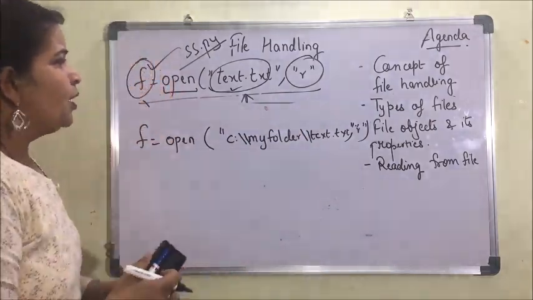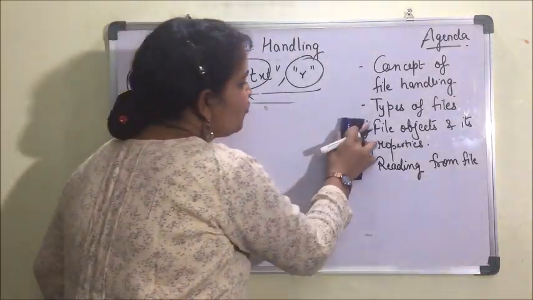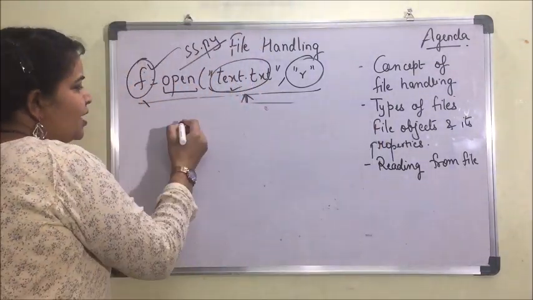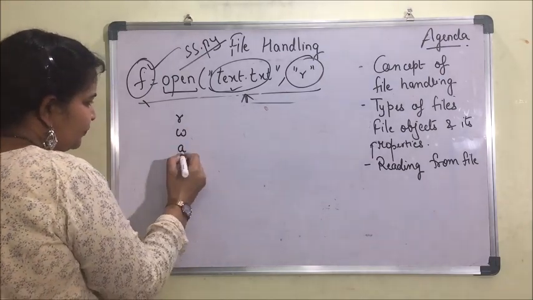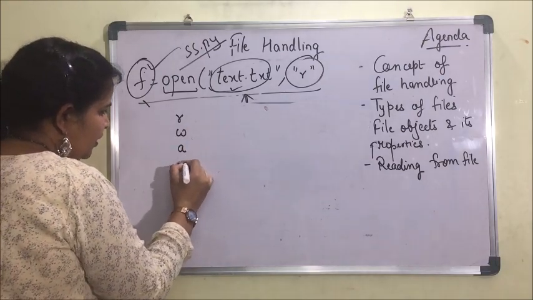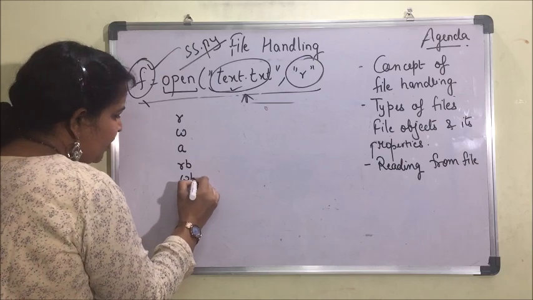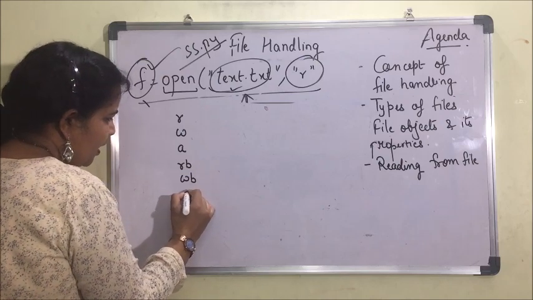So now the next thing is modes of opening a file. There are 6 modes: read, write, append, read binary, write binary, append binary.